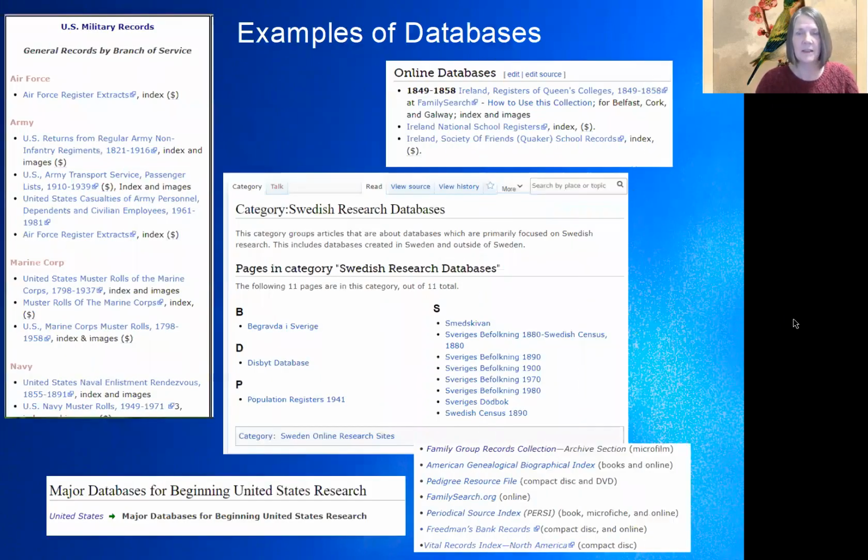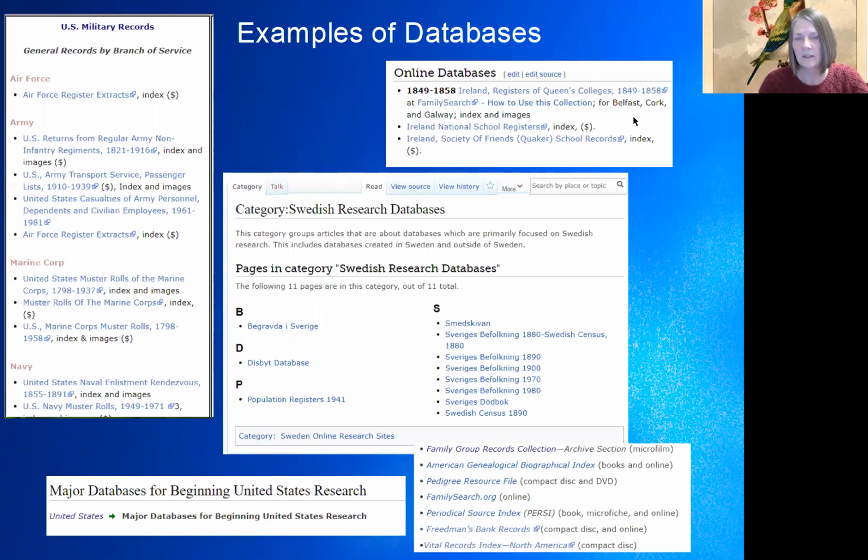Okay, so databases. These are some examples of online databases. Up here in the left-hand corner, you have the US military records. Those are databases that will take you to online military records for the United States. On the right, you see online databases here. These are some Irish databases that are available for a certain time period.